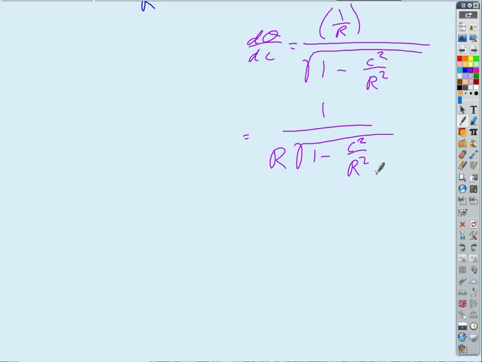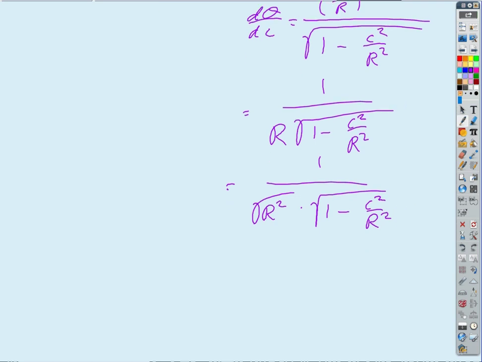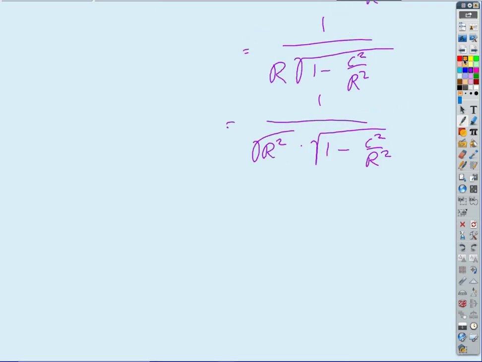So we could change this to read 1 over the square root of r squared times the square root of 1 minus c squared over r squared. The only reason we're able to do that is because r is a positive constant.